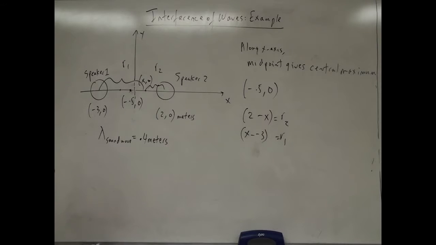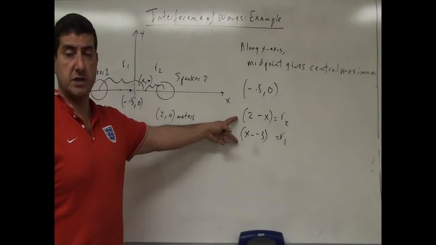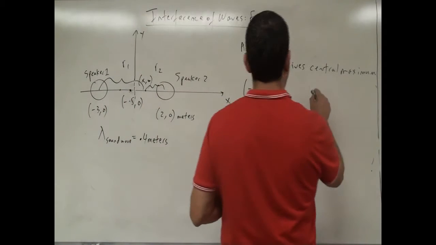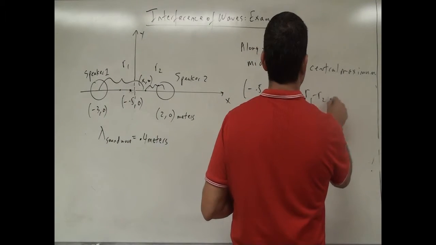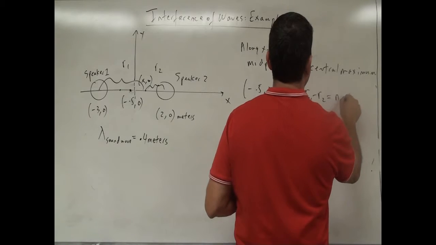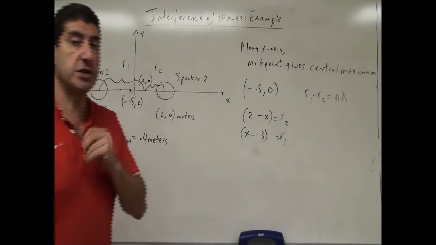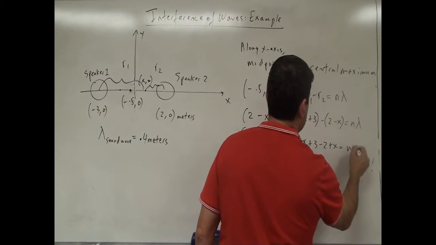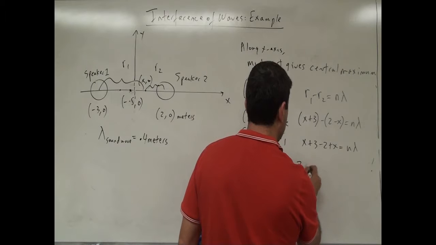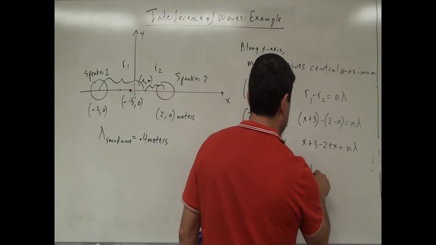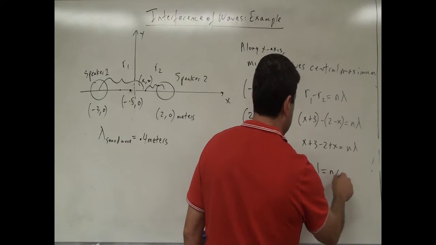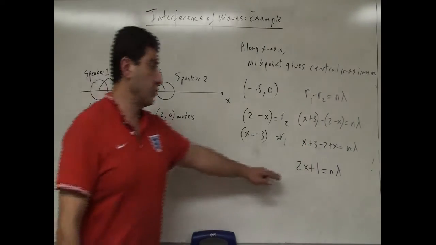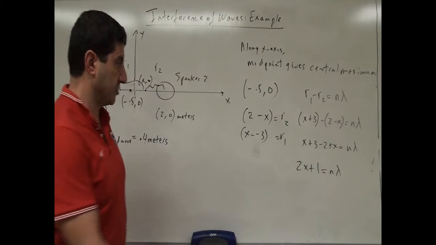And then the difference of these two distances has to be an integer number of wavelengths. R1 minus R2 is equal to n lambda. If it's an integer number of wavelengths, then we're going to get constructive interference, right? So x minus -3 minus 2 minus x gives 2x plus 1 is equal to n lambda. So this is the general case where you will yield constructive interference.